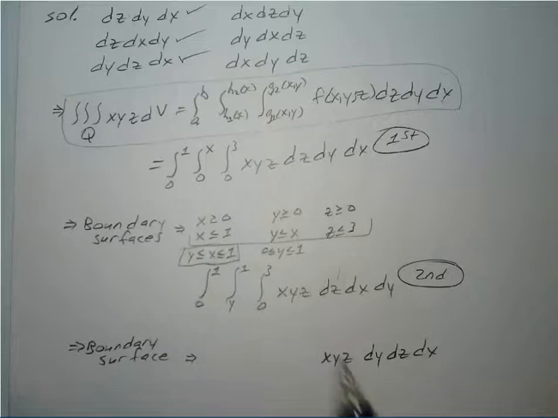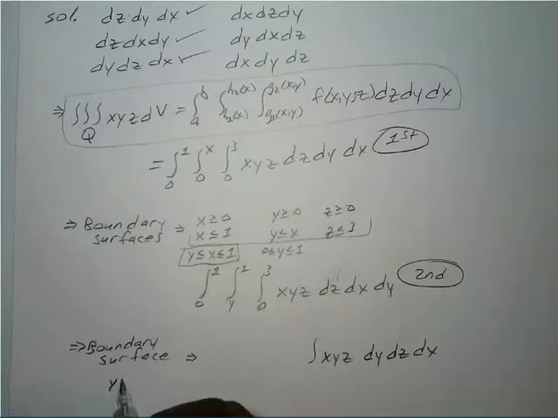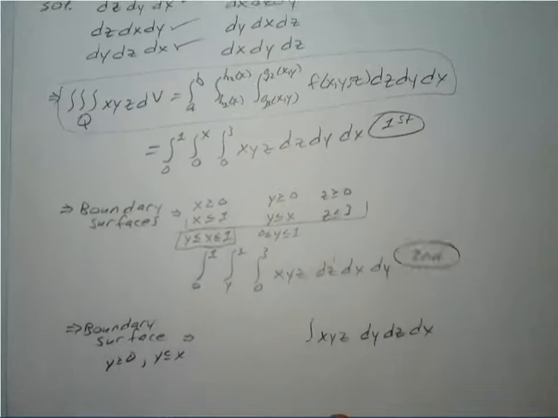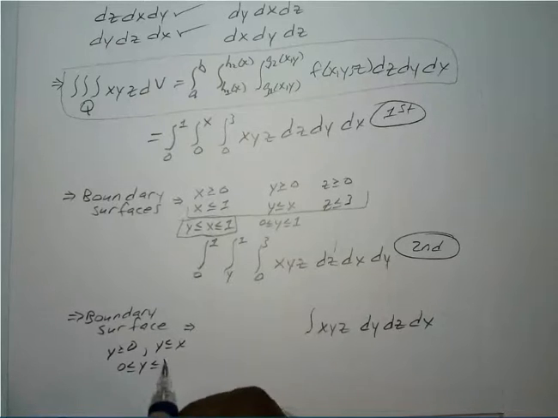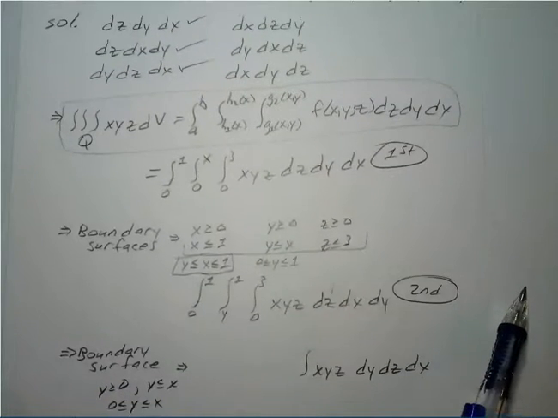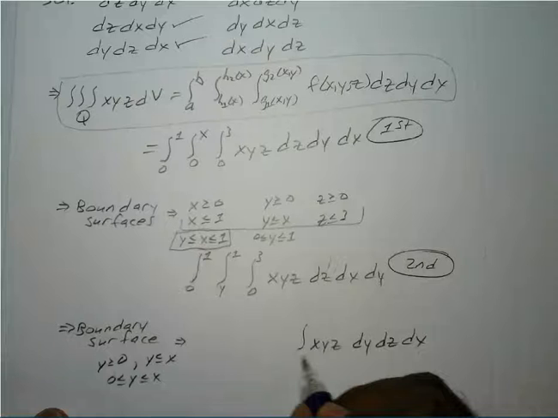Since dy is first, we want to make sure that when we solve with respect to y, we have dz and dx variables still there. We see that y is greater than or equal to 0, and y is less than or equal to x. We can get the boundary of y being between 0 and x, which is actually what we started with anyway. So with respect to y, from 0 to x.